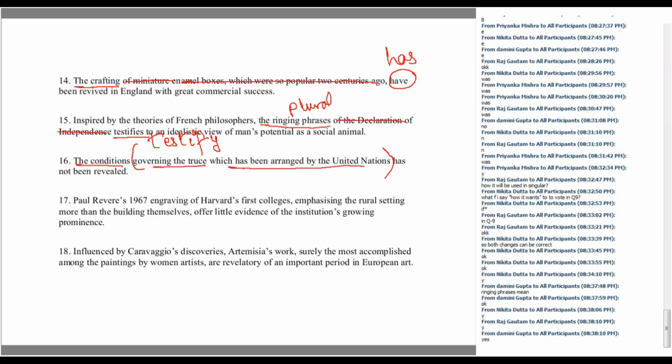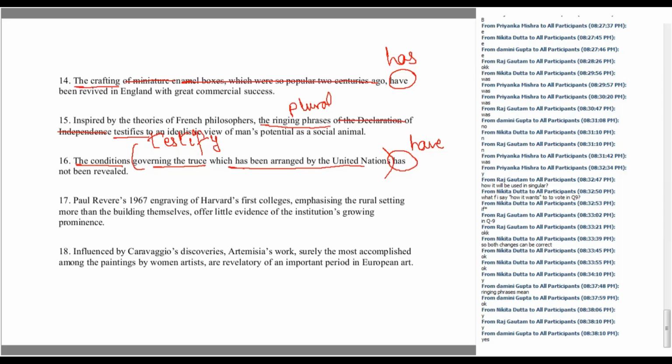So the conditions is plural. So what will we say? The conditions have not been revealed. Whatever you see in between is extra information about the conditions. These conditions govern the truce, and the truce has been arranged by the United Nations. All that is extra information. So the conditions have not been revealed. This should be the answer for 16.